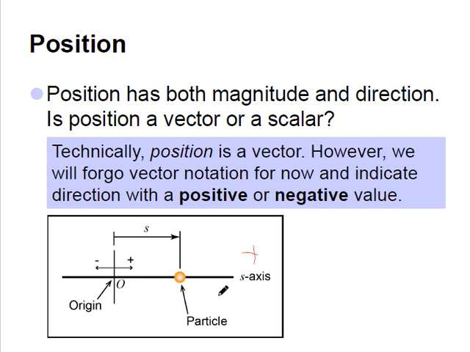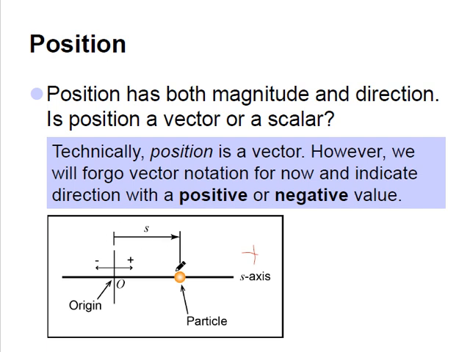So here is the question that you have to think about: is position in dynamics a vector or a scalar? Let's review the vector and scalar. A scalar is just the magnitude, how far, of course in this example, how far it is. The vector is how far it is and where it is going.